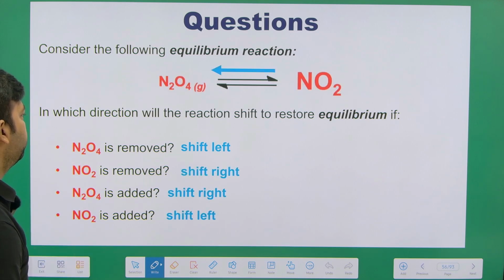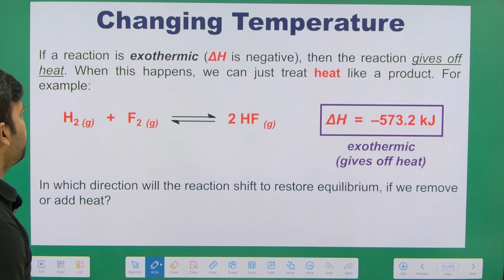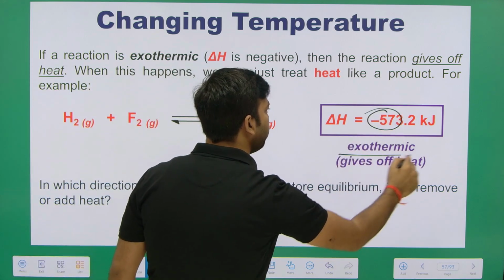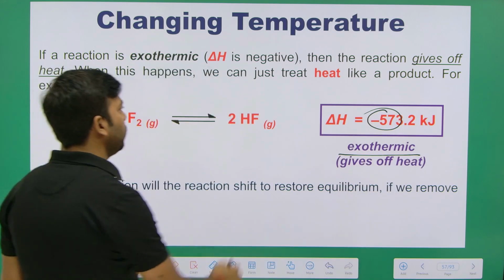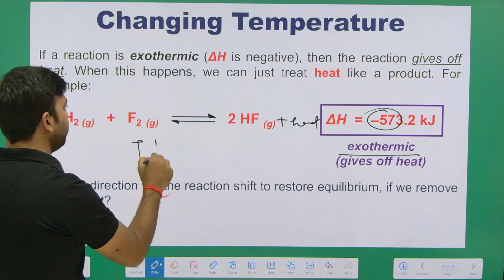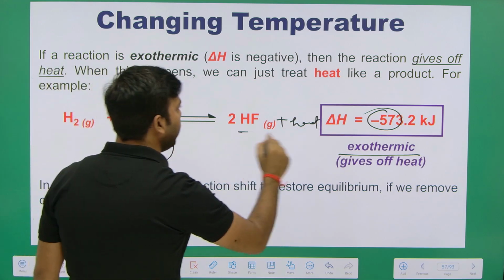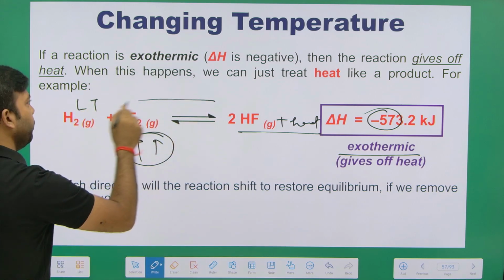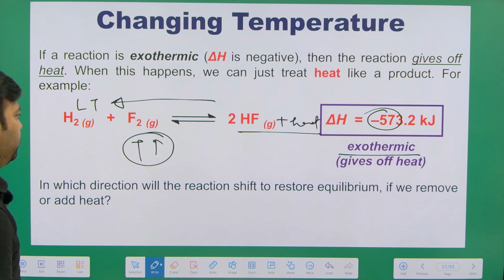You can see, this is the effect of temperature. Delta H is negative. Negative means exothermic. Exothermic means what? Heat will be here. If you raise the temperature, this side has high temperature, so this side has low temperature. So equilibrium will be in the left-hand side.